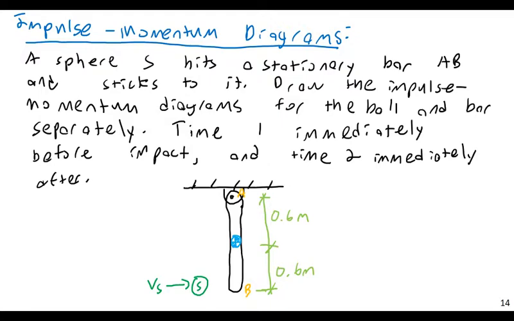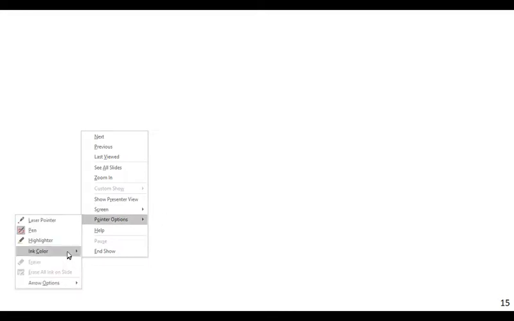All right. So this is the system that is given, and I want to draw out impulse and momentum diagrams for each of our objects here. Okay? All right, so first let us look at the ball. Consider the ball.